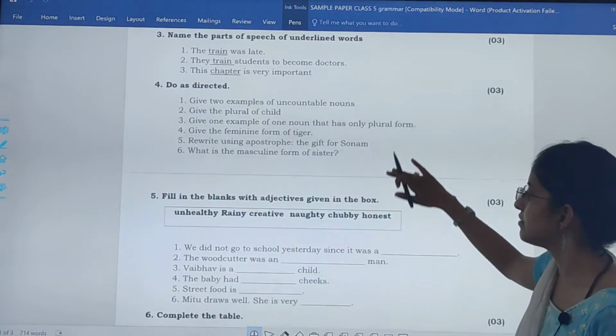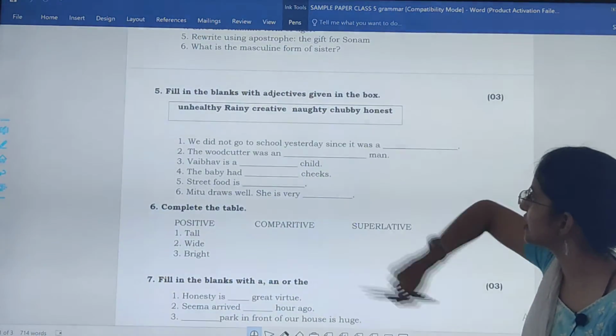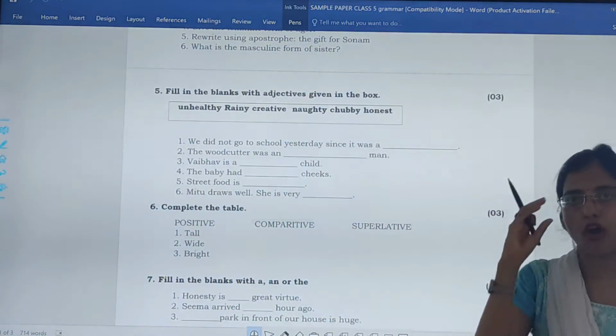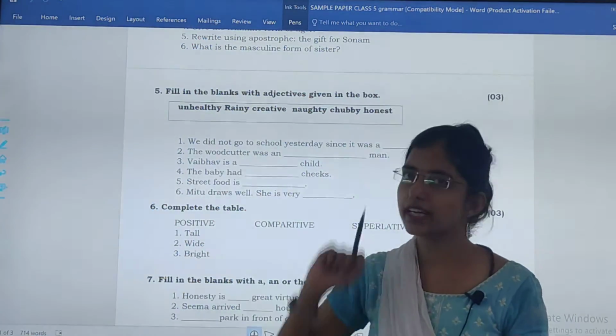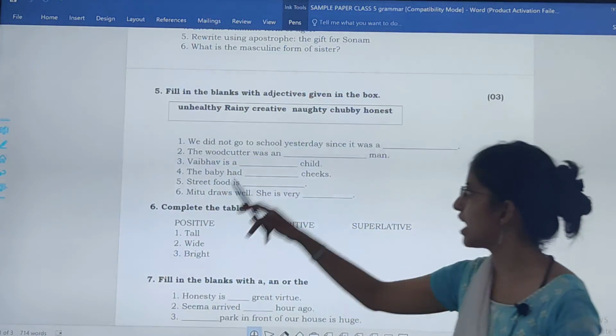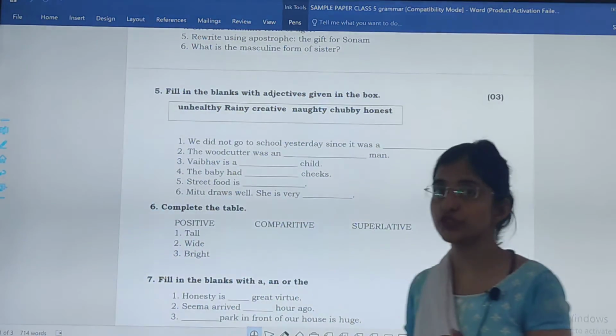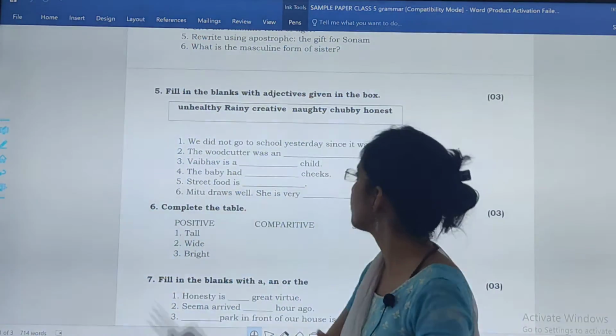Question number 5. Fill in the blanks with adjectives given in the box. Very easy. Box is given to you. You just have to find the correct one. 6th question and it carries 3 marks. So individually it carries half marks.